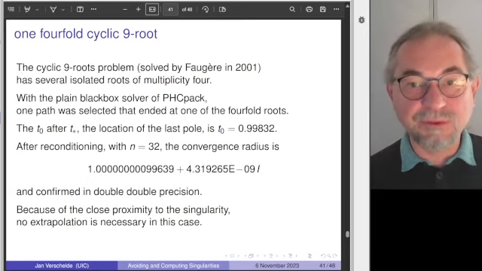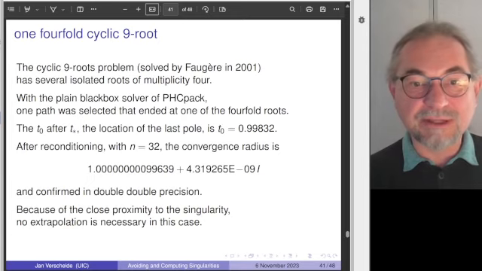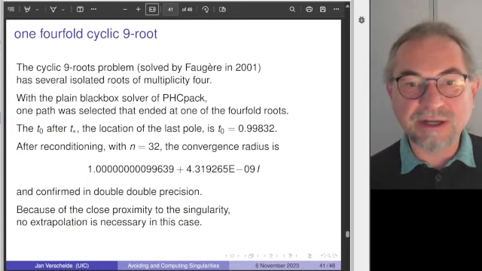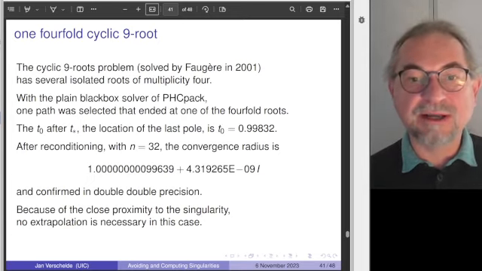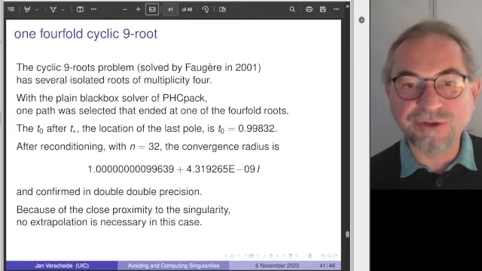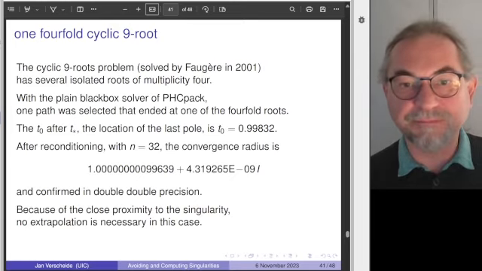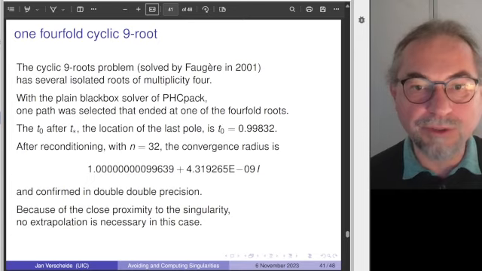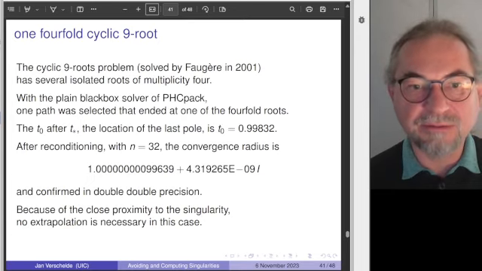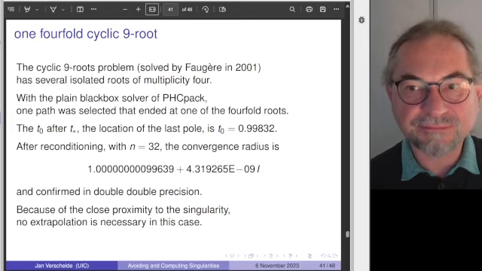Here we are already so close that extrapolation is not necessary. So you clearly see that the convergence radius is already correct. It gives the convergence radius correct to 9 decimal places.